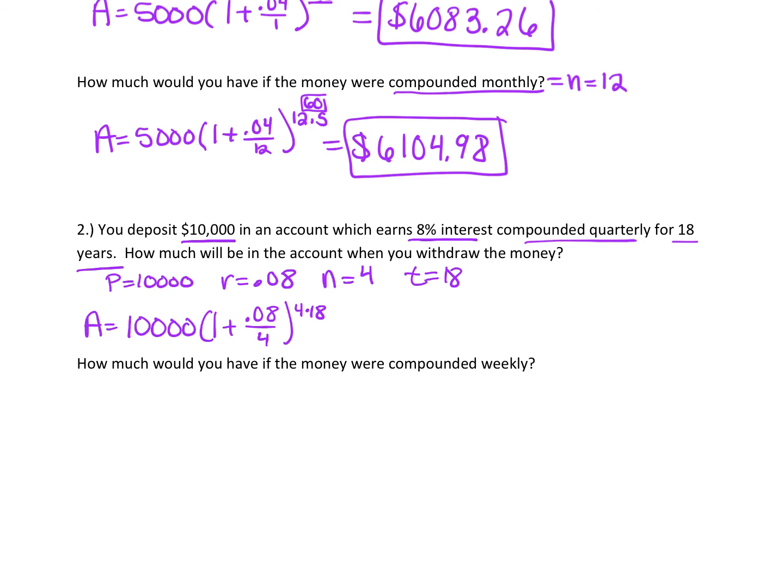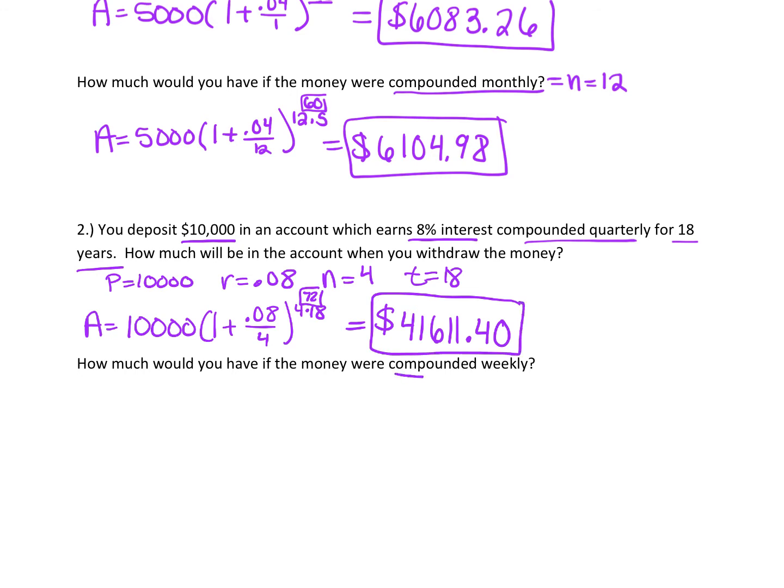So I'm going to do 4 times 18. And my exponent is going to be 72. So I'm going to type in 10,000 times 1 plus 0.08 divided by 4, to the 72nd power. And I would get $41,611.40.